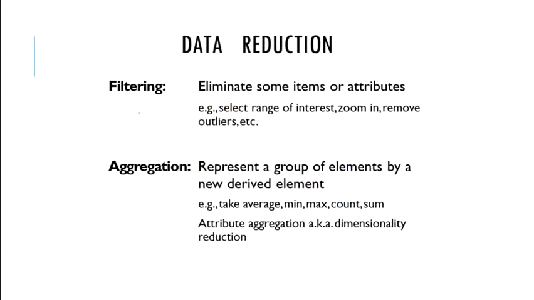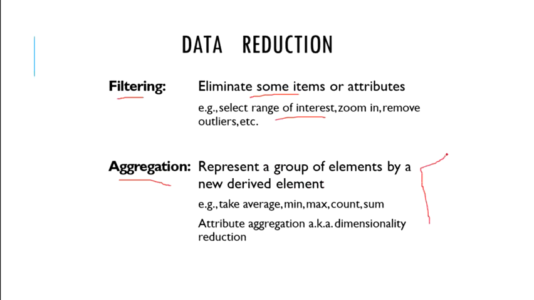So data reduction can be through filtering. It can be through aggregation. Filtering means that we are eliminating some items or attributes either through selection or extraction. For example, select a range of interest, zoom in, remove outliers, and so on and so forth. And aggregation means that we represent a group of elements by derived elements.